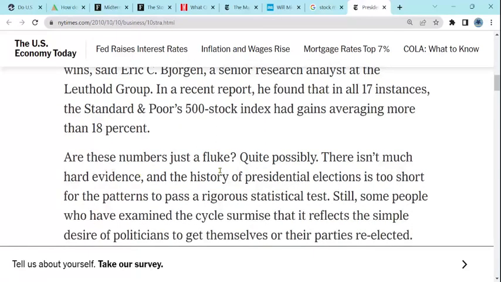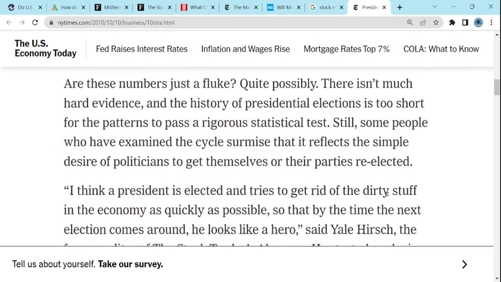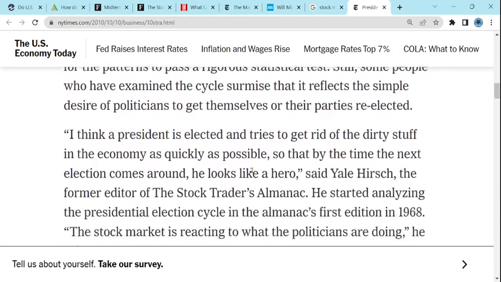Are the numbers a fluke? It's possible. There isn't a lot of hard evidence. Presidential election history is too short for the patterns to be statistically, rigorously significant. Still, many people surmise it reflects the simple desire of politicians to get themselves and their parties reelected.